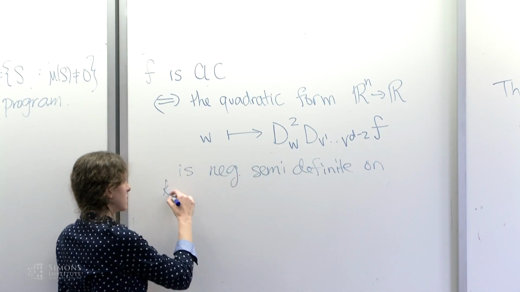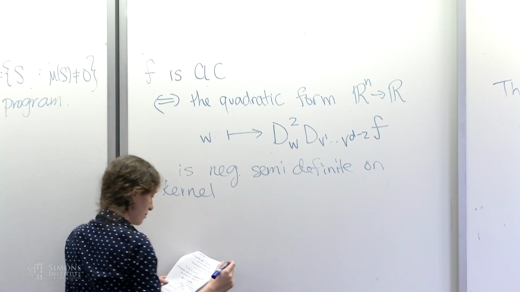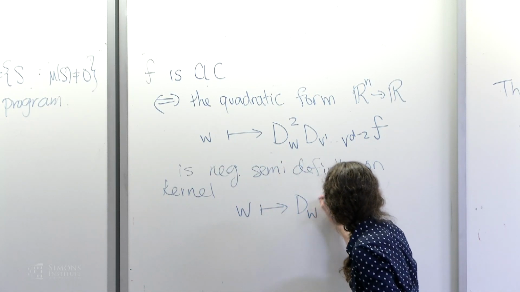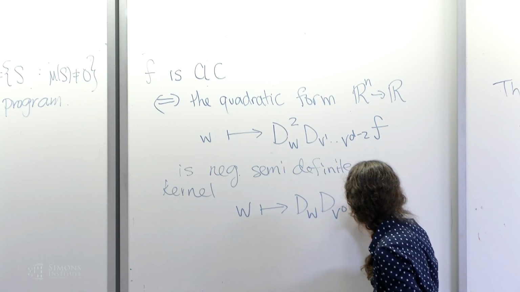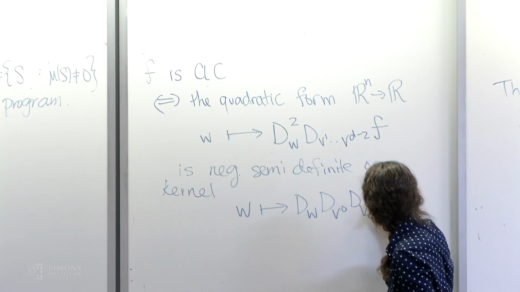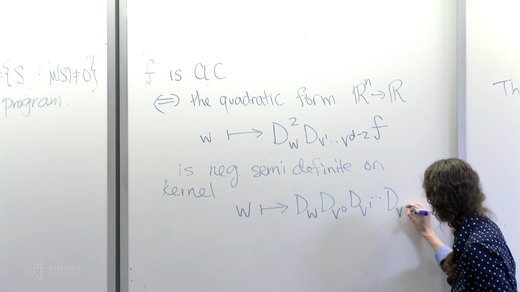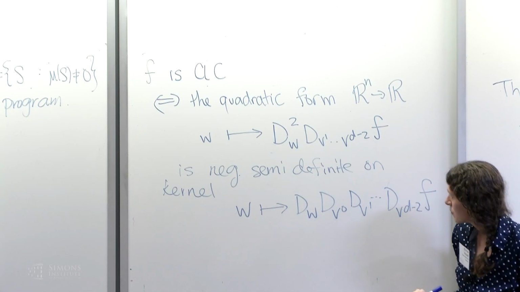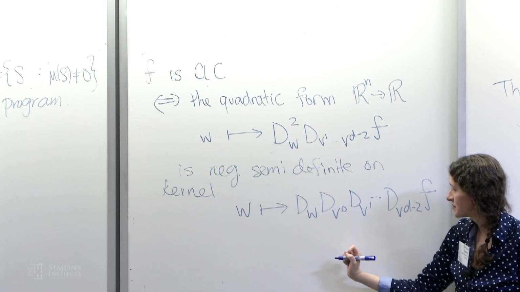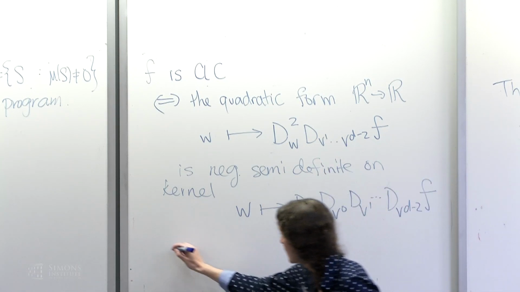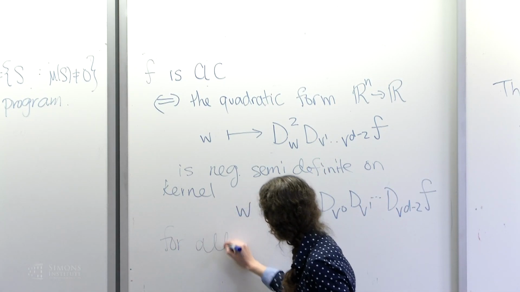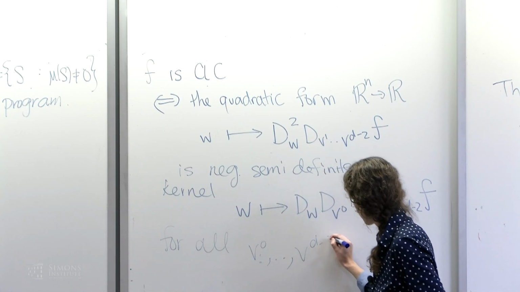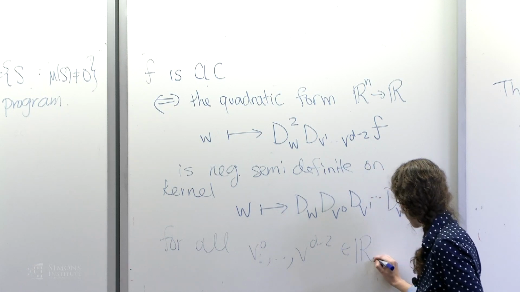On the kernel of some linear map, namely the one that eats w and spits out another number, for all choices of vectors in the non-negative orthant.